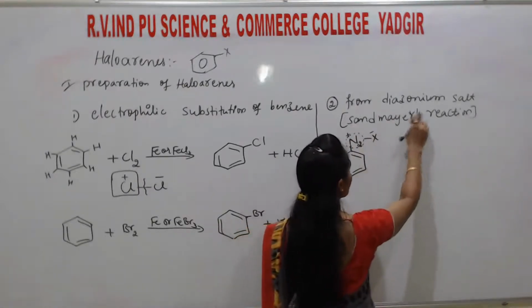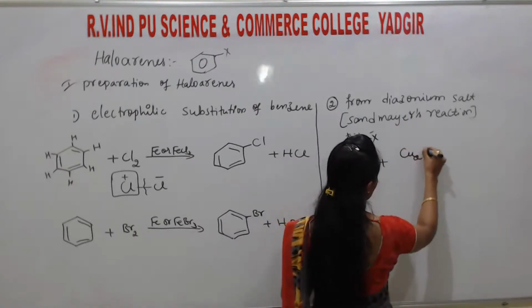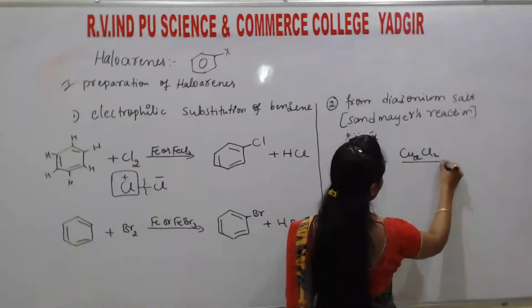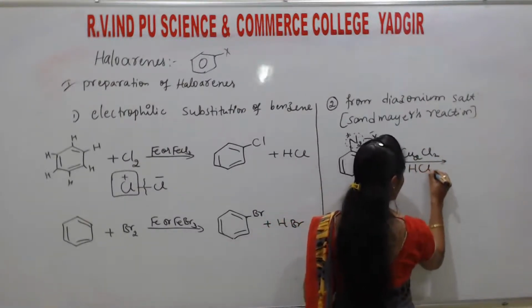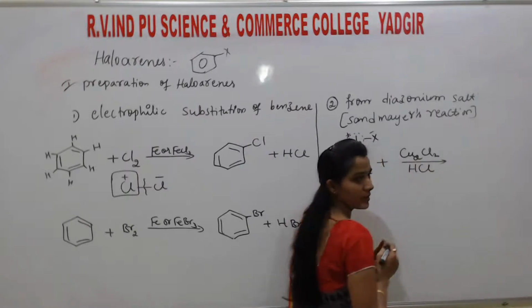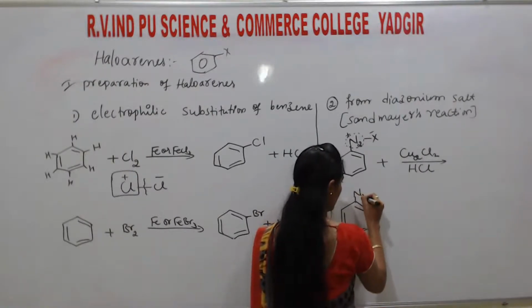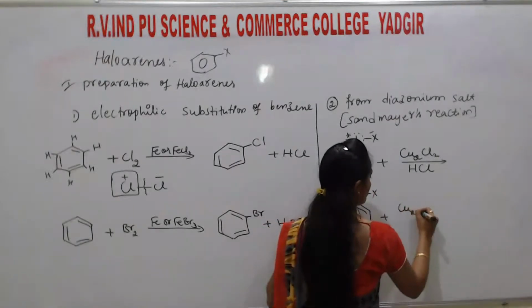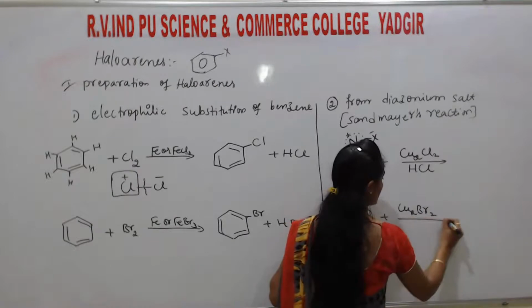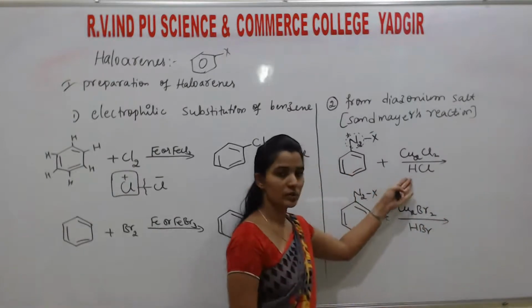If this type of diazonium salt reacts with Cu2Cl2, then you have to take the acid HCl. If benzene diazonium salt plus Cu2Br2 is there, then you have to take HBr as the acid, the respective acid.